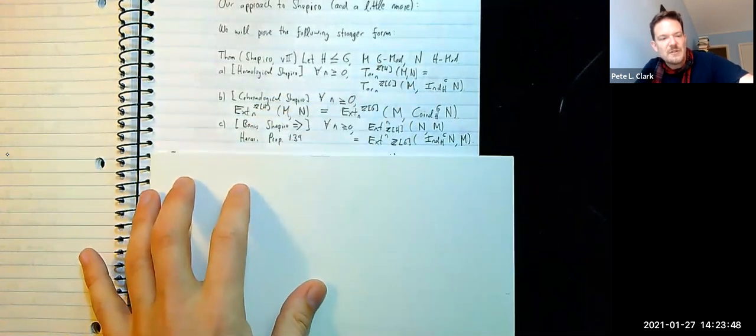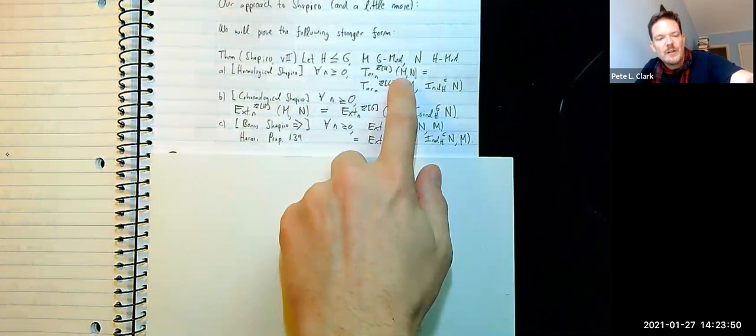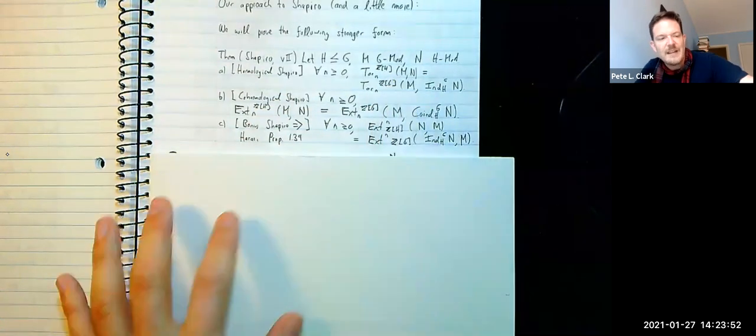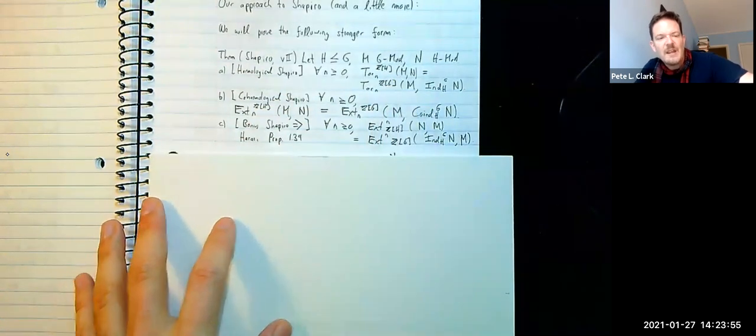So M is a G module. When I say Tor as a ZH module, I mean, of course, that you restrict it to the underlying ZH module. Here I'm trying not to clutter up the statement. The statement is that Tor over ZH from M into N is the same as Tor over ZG from M into the induced module.